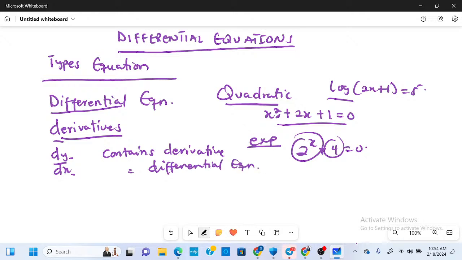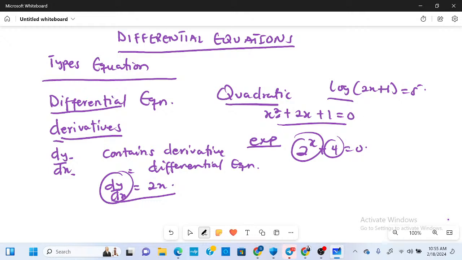So one may ask, why do we learn differential equation, or what's the goal for differential equation? Now, if you have, let's say, dy over dx is equal to 2x, you realize that this is a differential equation. This is because the parameter here is a differential or is a derivative. For that reason, this equation, dy over dx, becomes a differential equation.